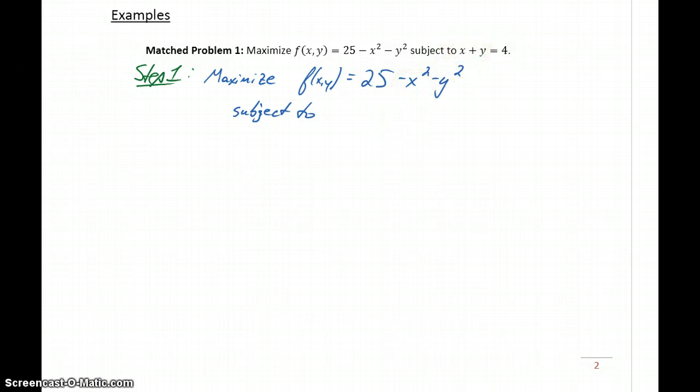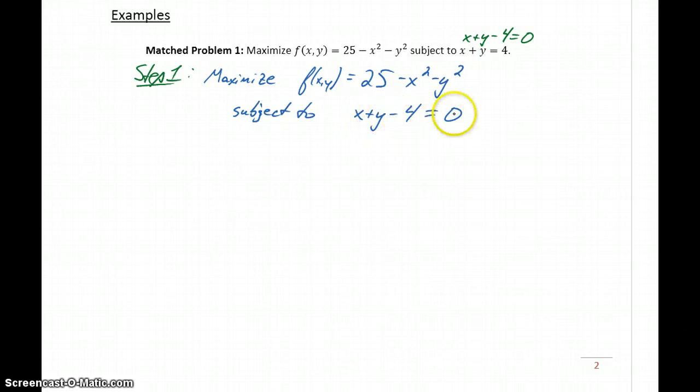This function that we're given isn't set equal to 0, but if we subtract 4 from both sides, now it is. So our function g of x, y is x plus y minus 4. So subject to x plus y minus 4 is equal to 0.